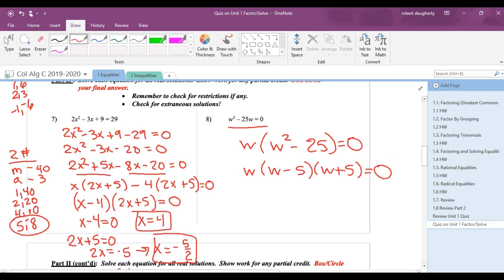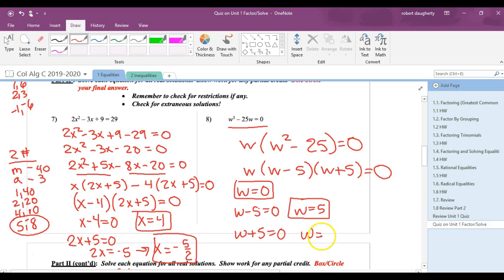I'm completely factored. Set each factor equal to 0, and I get w equals 0. If w minus 5 equals 0, I get w equals 5. And if w plus 5 equals 0, I get w equals minus 5. And I'm done.